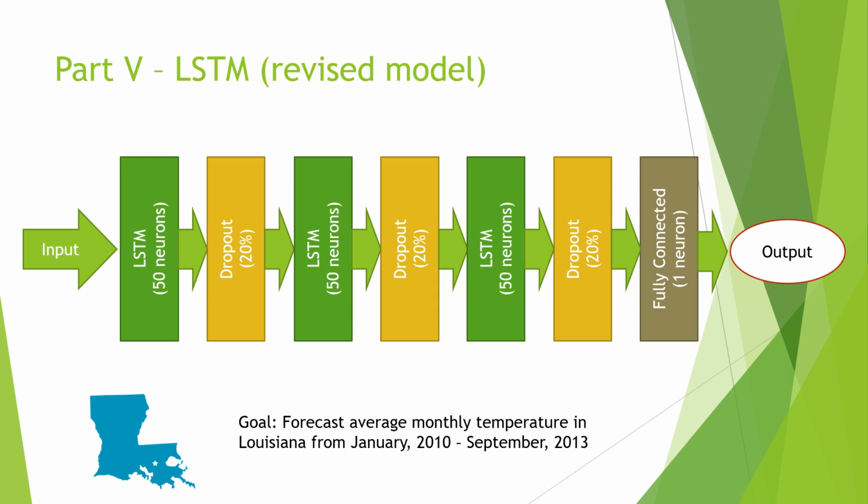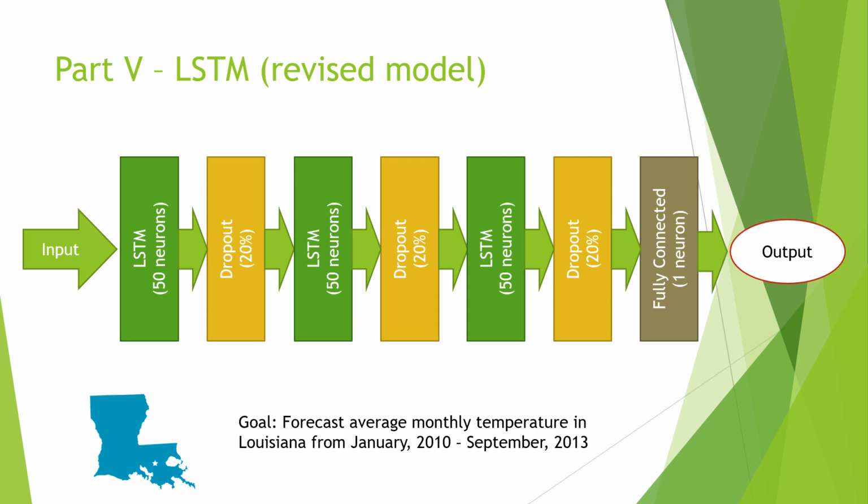If we walk through some of the parameter changes, one of the first ones is I added one additional layer, and you can see that in the model architecture diagram on the slide. That's one additional LSTM layer.